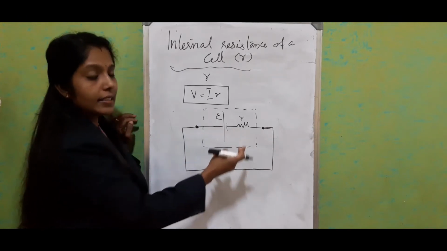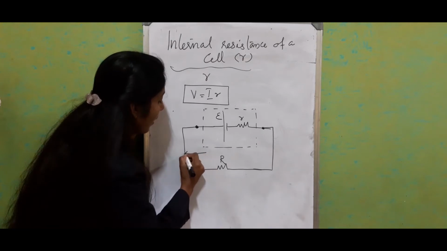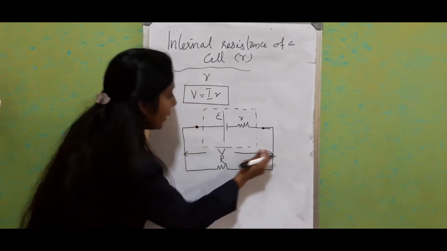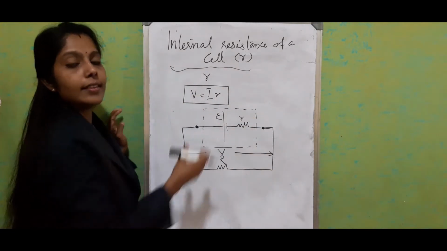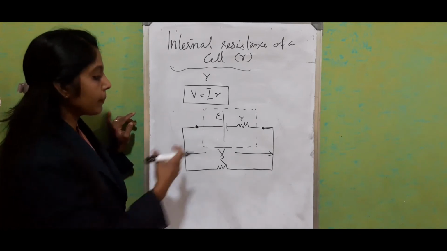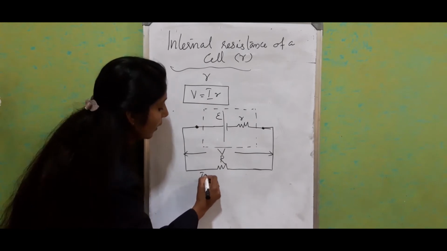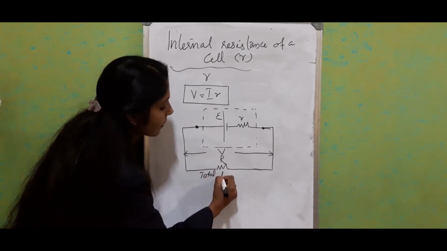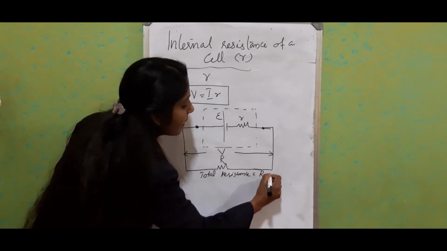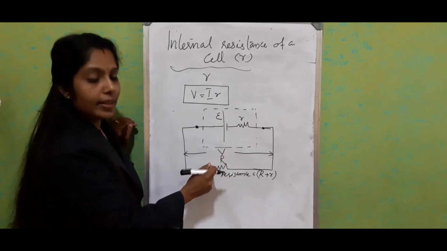This is the internal resistance r and this is the outside resistance R. The potential difference available between these points, outside the cell, is known as terminal voltage. In this circuit, the total resistance is R plus r: external resistance plus internal resistance.